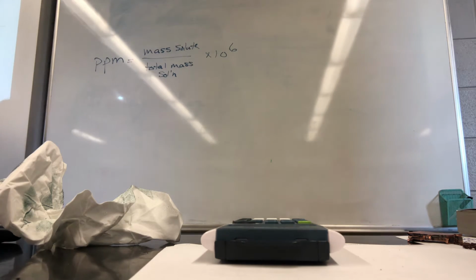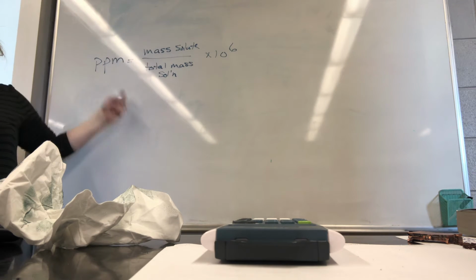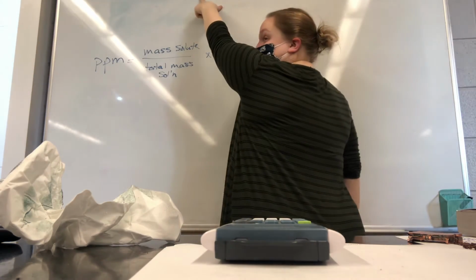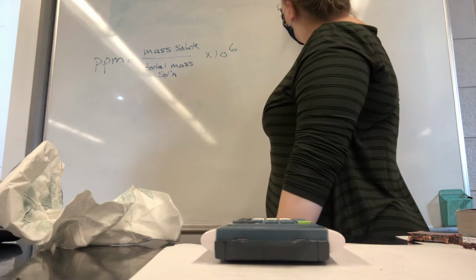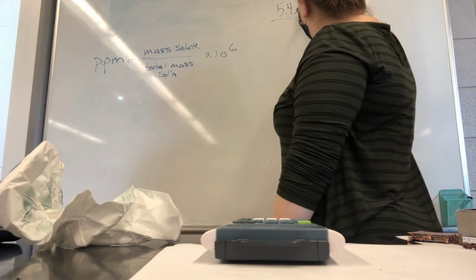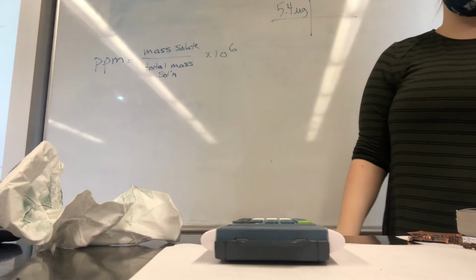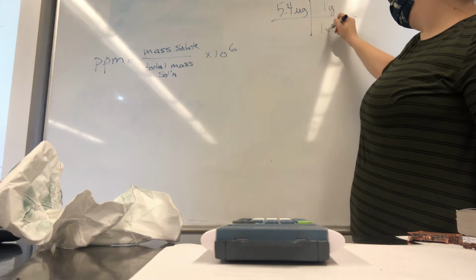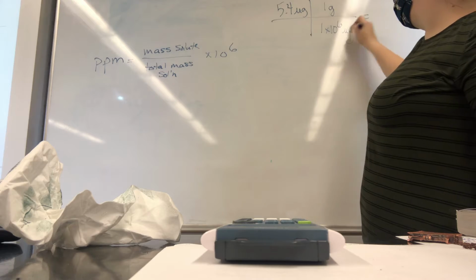Okay, so first things first, again, when we do any kind of manipulating here, they have to be in the same unit, right? So I'm going to convert this to grams because this is in grams. How many micrograms in a gram? Correct.